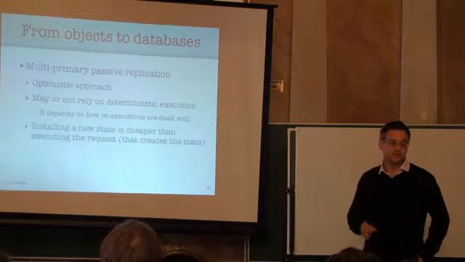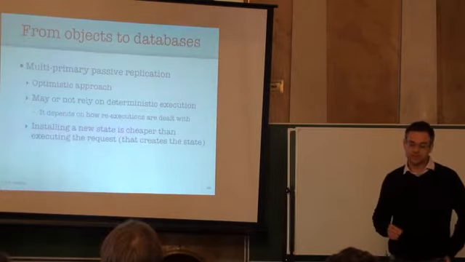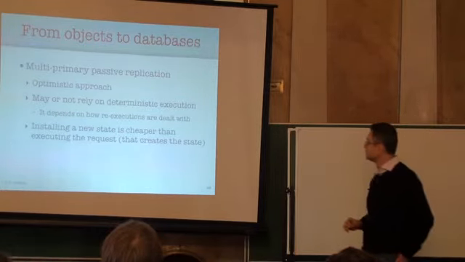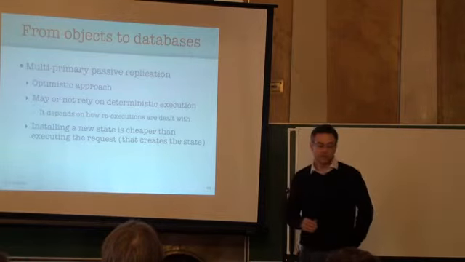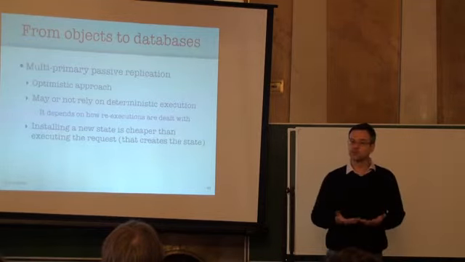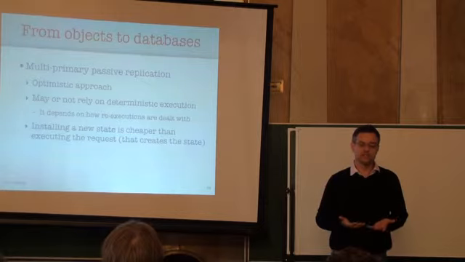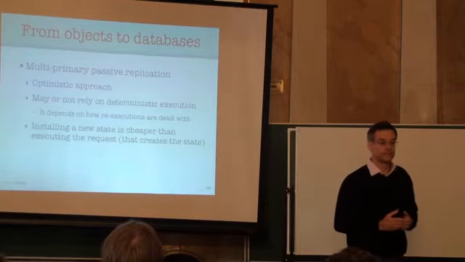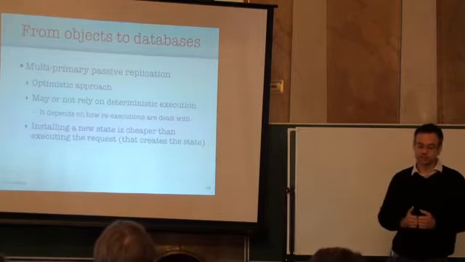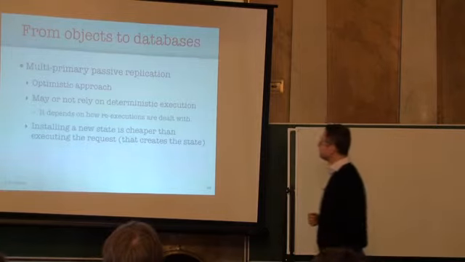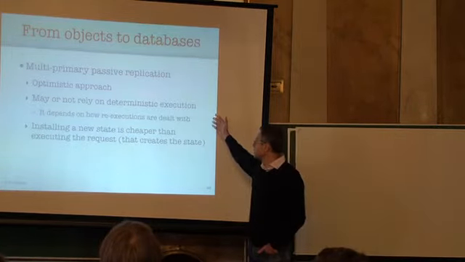So in reality, this is an optimistic approach, right? It's based on the assumption that most of the time I won't have situations where one state becomes invalid. It depends on the nature of the operations. And so it may or may not rely on deterministic execution.